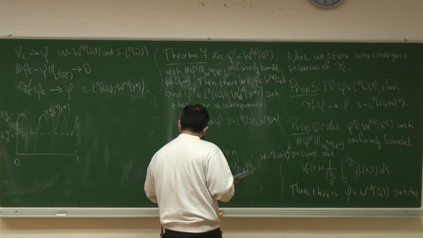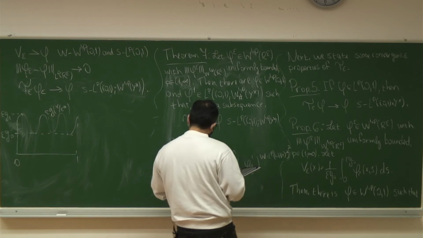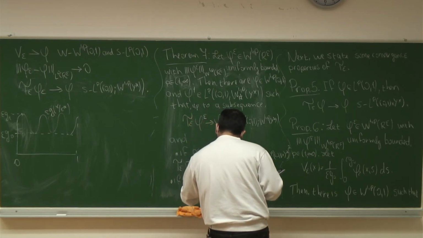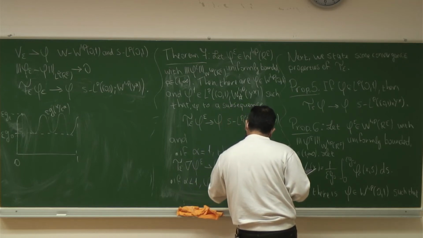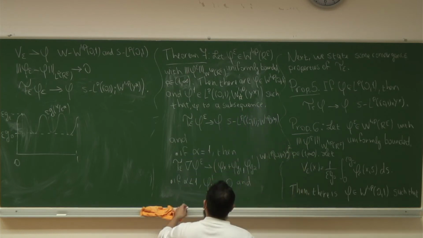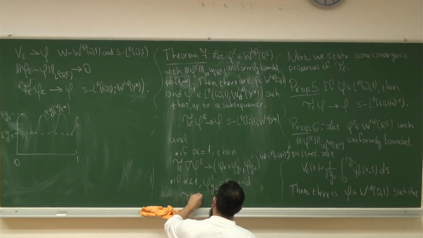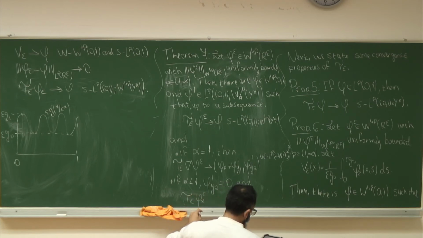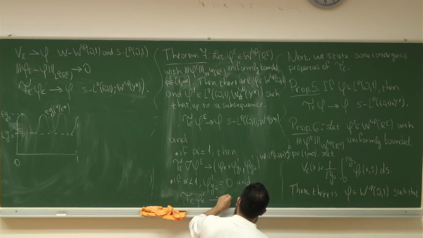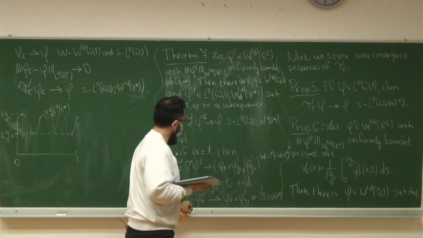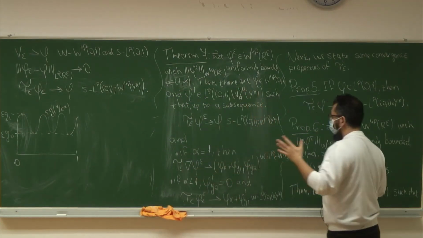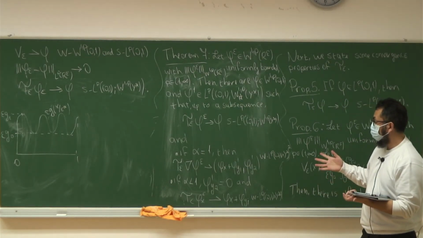And if alpha is less than 1, this derivative in the y2 variable is 0, and the unfolded gradient converges weakly. This is a little bit more technical proof.